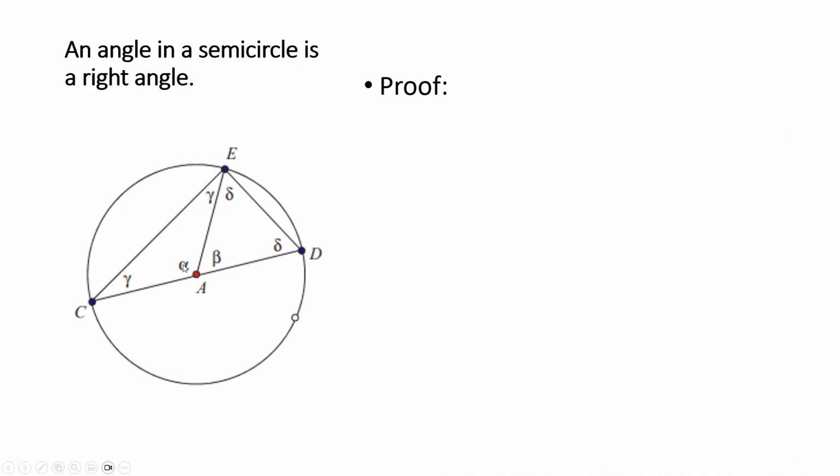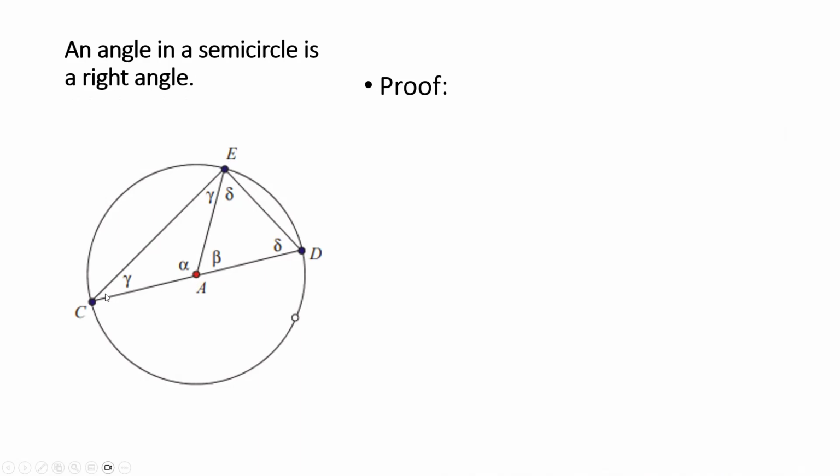They're all radii of the same circle, so they must be equal. And then I've labeled alpha, beta, gamma and gamma. So AC is equal to AE. Therefore, it is an isosceles triangle, right? That's the property of isosceles triangles: the two sides are equal to each other, which this is.